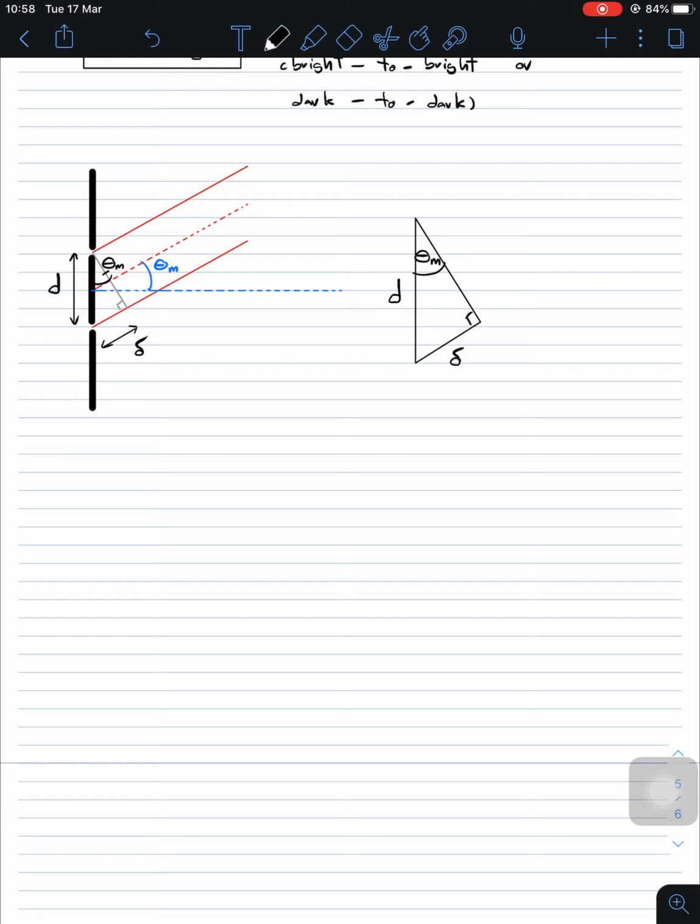Then we can find the relationship between delta and d: delta equals d sine theta m, because if we break d by the angle, it's going to be equal to the delta here. So delta equals d sine theta m. But don't forget that this delta is the path length difference.